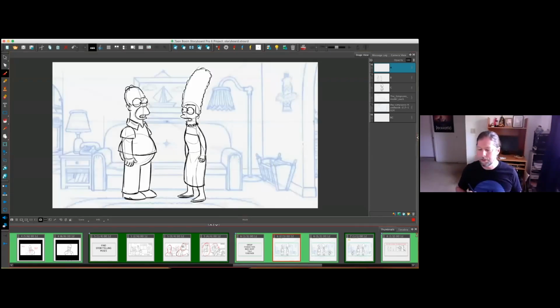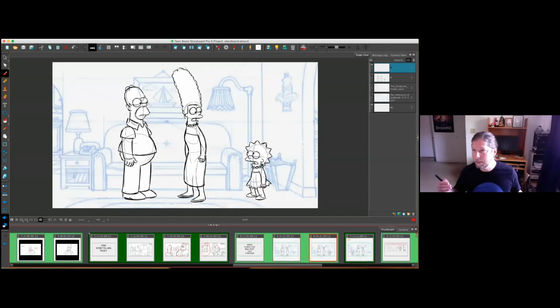So here's an example of when Homer and Marge are talking to each other. We can see very clearly that they are talking to each other. If Lisa has to come into the shot and talk to Marge, you're most likely going to have Lisa enter on the side where Marge is so that they can talk to each other.